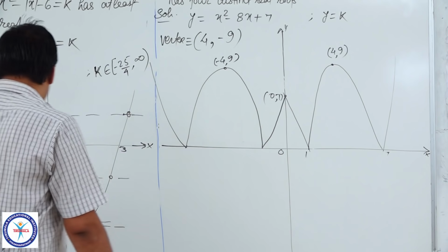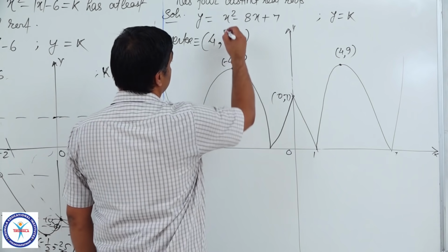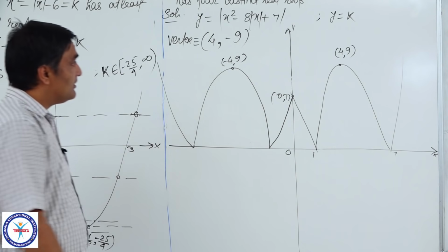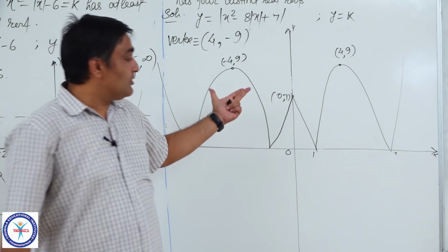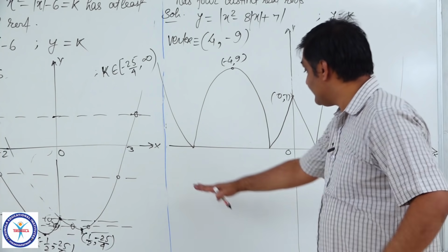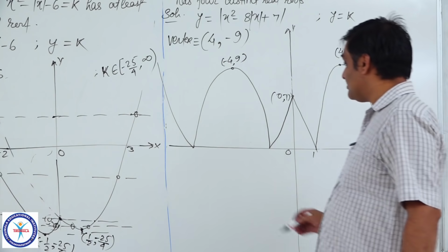So now we have the graph of y equal to mod of this one and y equal to k. Y equal to k is obviously a line parallel to the x-axis. If a line is like this, how many roots? No real root.